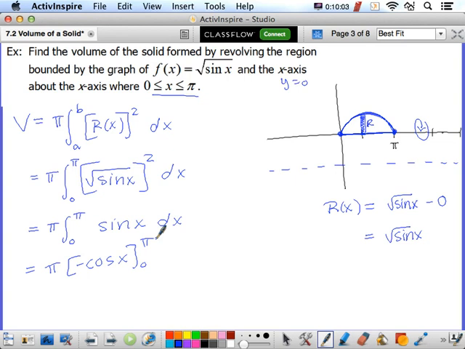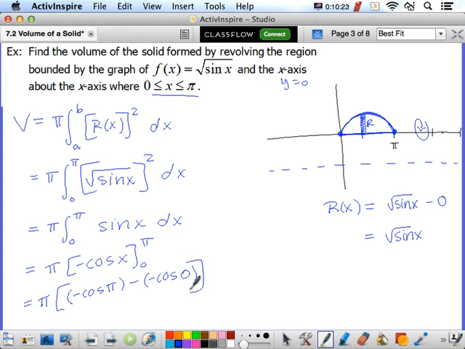And finally, if we substitute pi in, we have this pi right here already, all multiplied by the negative cosine of pi minus the negative cosine of 0. Is that correct?